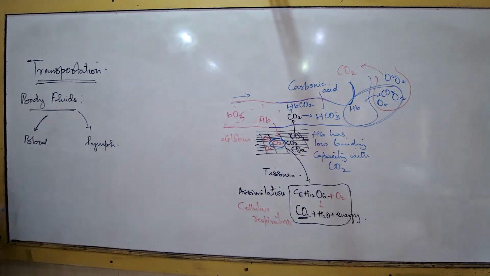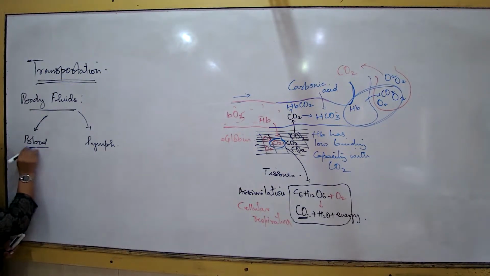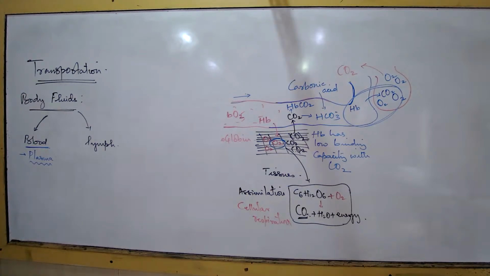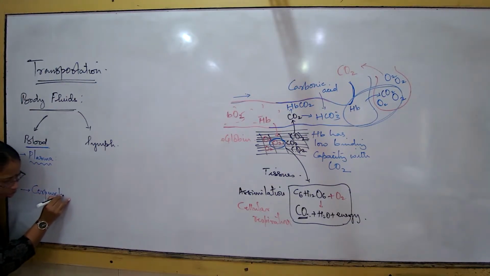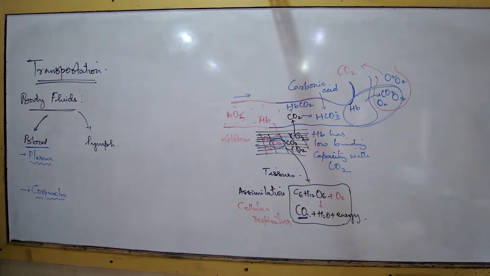Blood is made up of the liquid part known as plasma. And the solid part of the blood is known as cells or corpuscles.